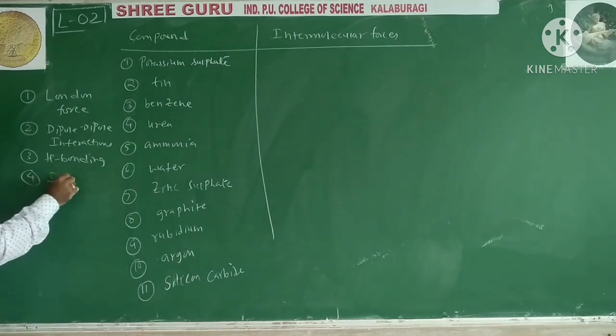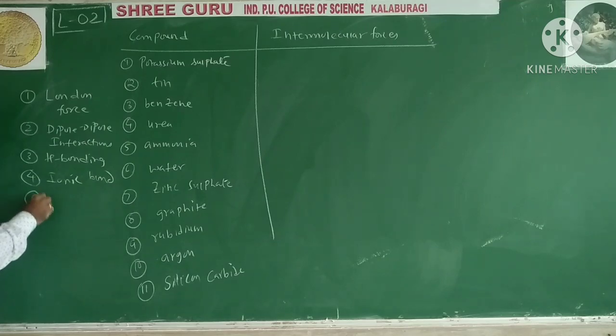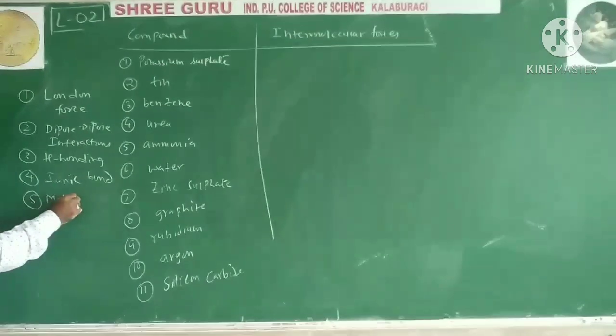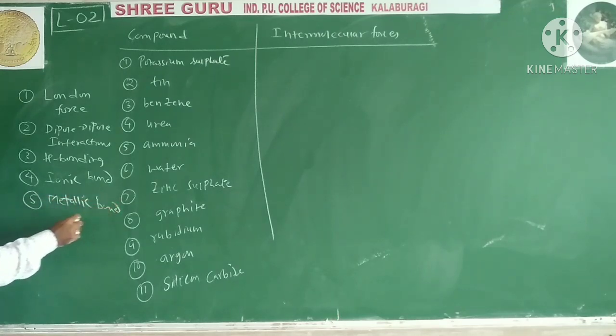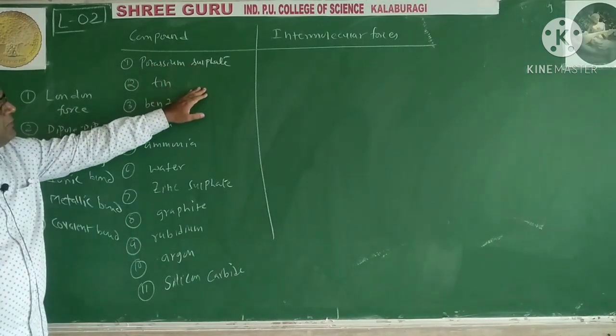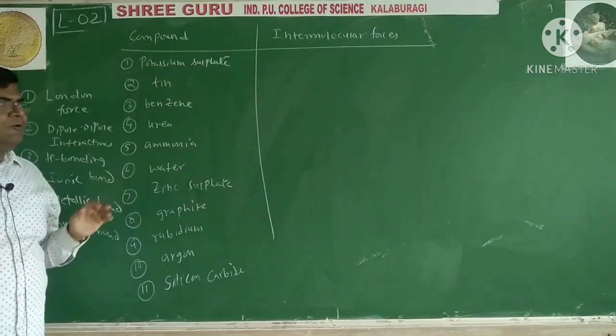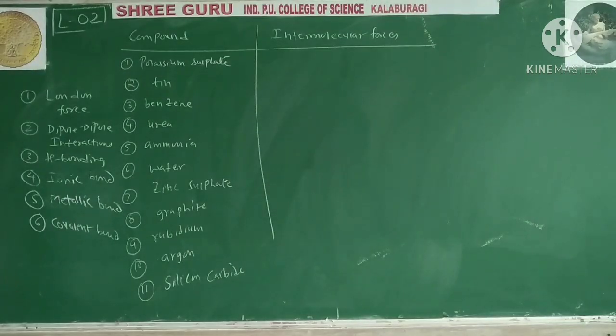Then ionic bond, then metallic bond, and then comes covalent. So out of these six, any one is present, and that you have to write. I hope that you write it correctly.